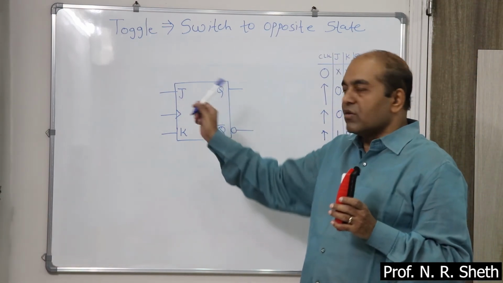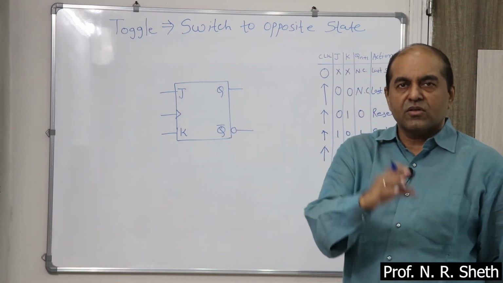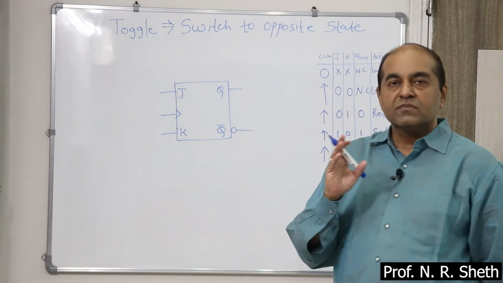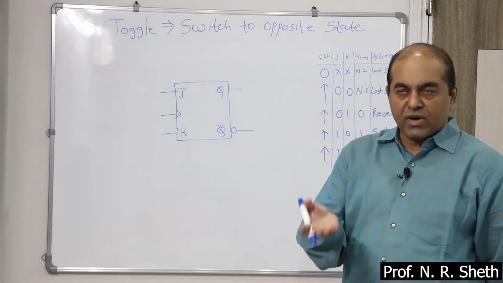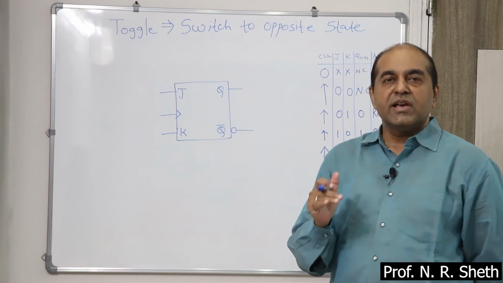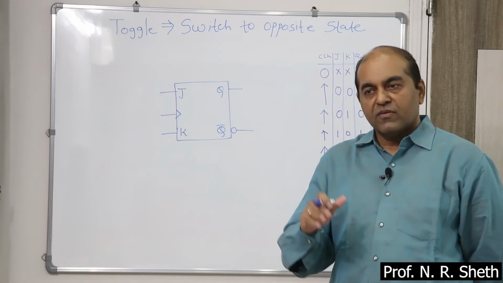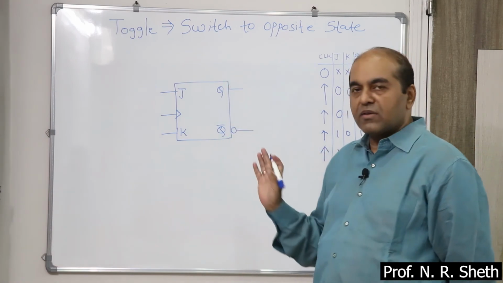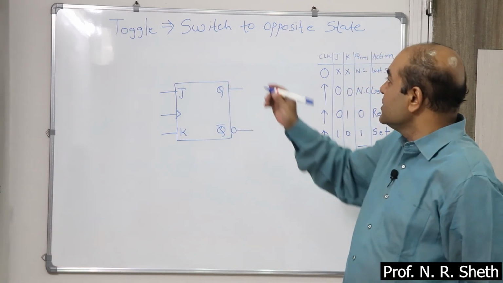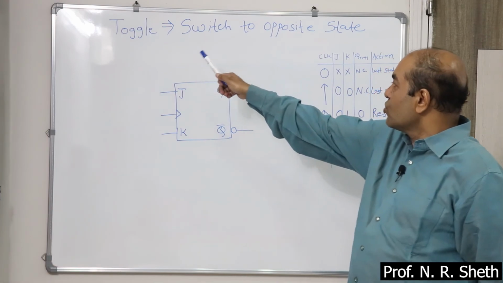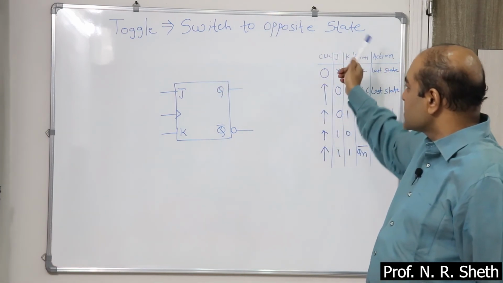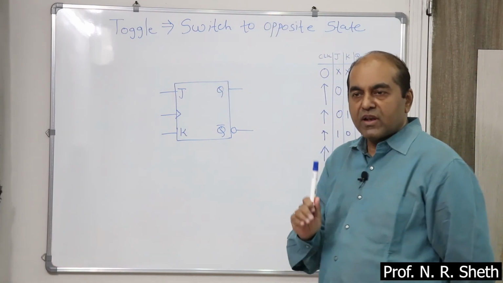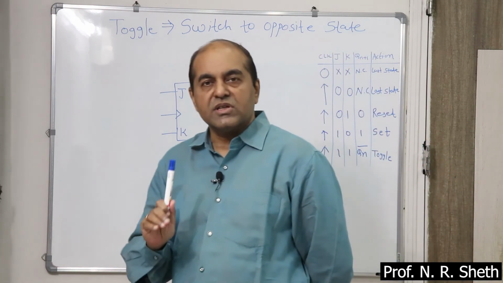Q follows the action of J. J is 0, Q is 0, J is 1, Q is 1, J and K both are 0, flip-flop is in last state. J and K both are 1, flip-flop is in toggling state. Toggle means switch to opposite state. A very useful condition for the JK flip-flop.